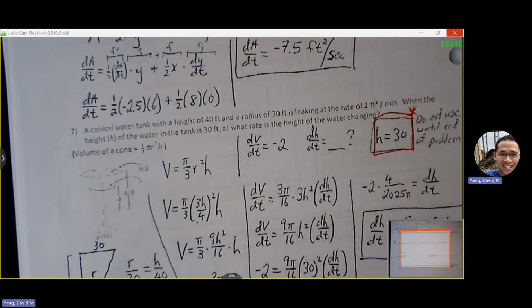Okay, so with cone problems, we know we're always having to set up that proportion equation. Small radius is to big radius as small height is to big height. And remember, there's always going to be a number that we have to stay away from.